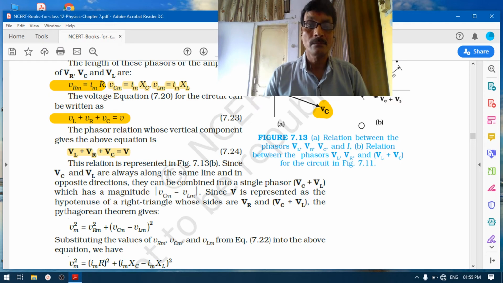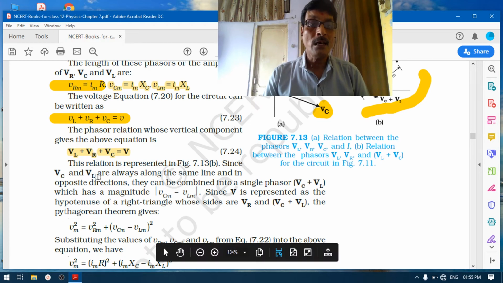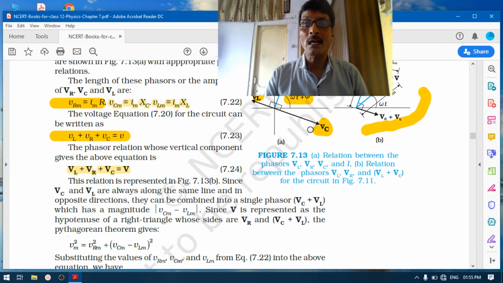See this figure. VC and VL are always along the same line. So here it is written.